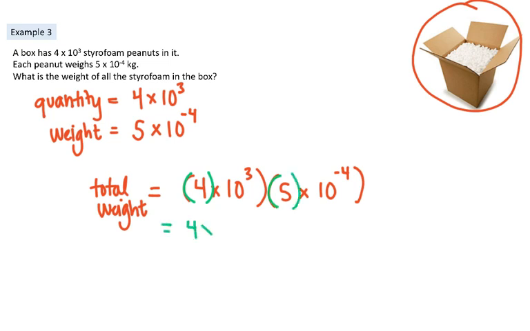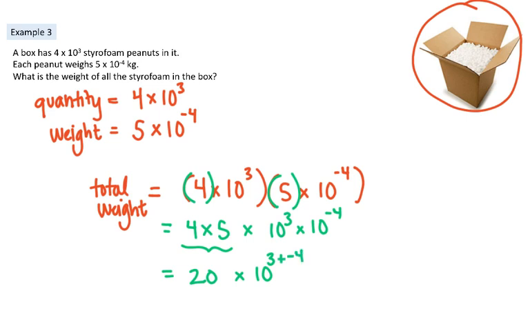So first we'll rewrite it. We'll do 4 times 5, and then we'll have 10 to the 3 and 10 to the -4. 4 times 5 is just 20. When you have power times a power, you add the powers. 3 plus -4. Okay, so we get 20 times 10 to the power -1.